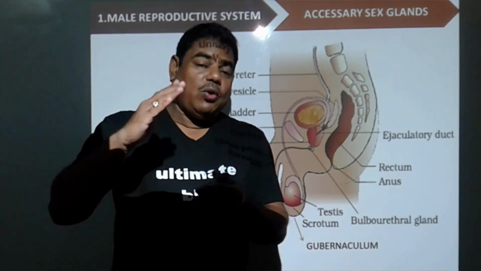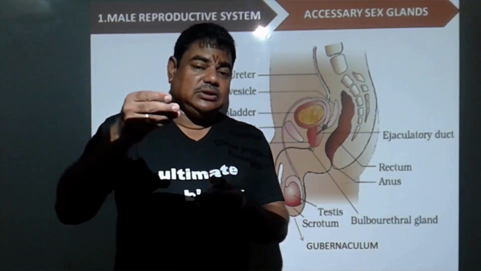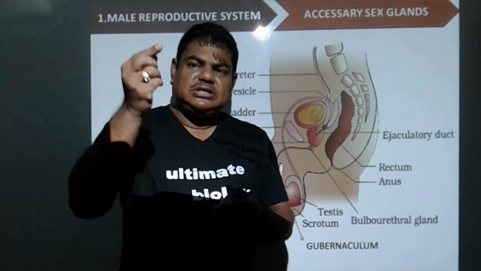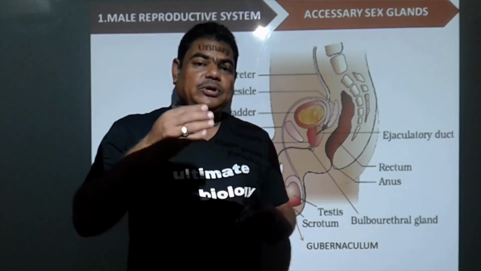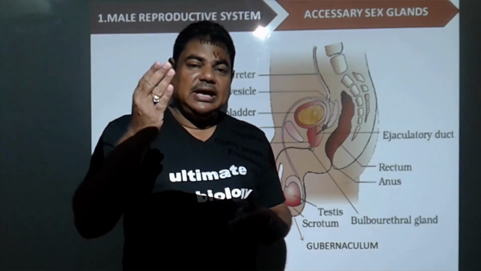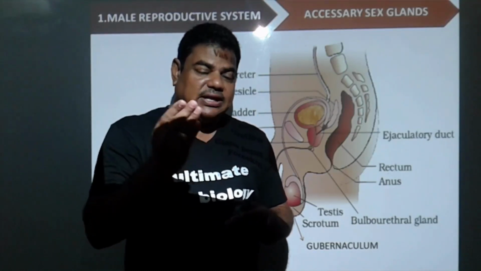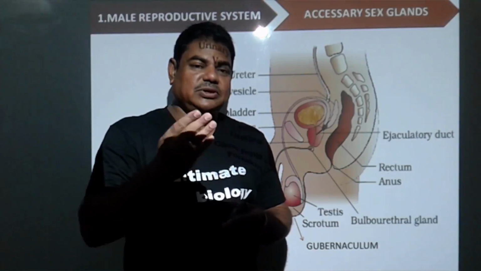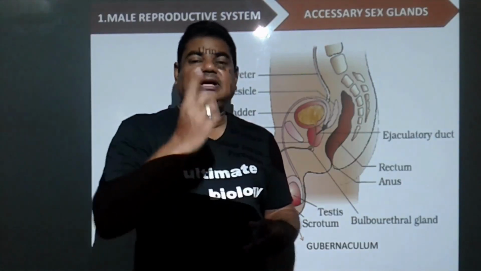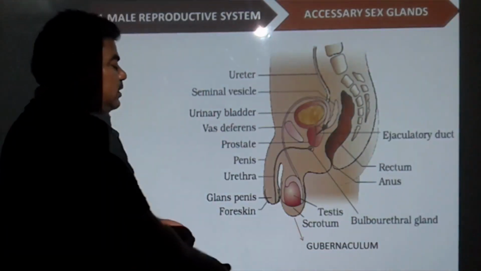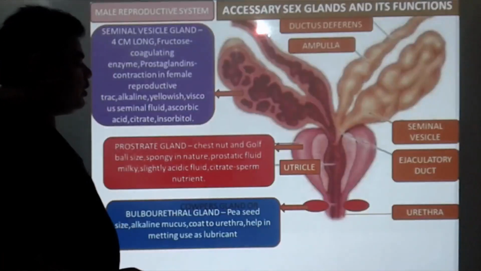So to avoid the killing of these sperm, first the tract is converted to alkaline in nature, due to which the harmful effect of the acidic nature of the urine is stopped, and all the sperm get released, or ejaculated, out of our body like this.